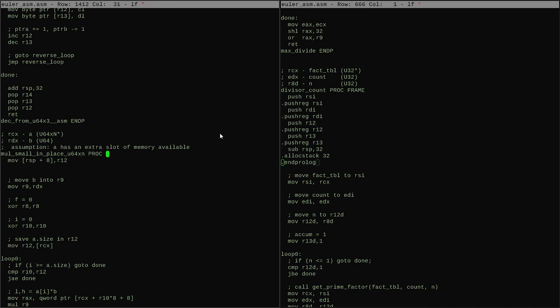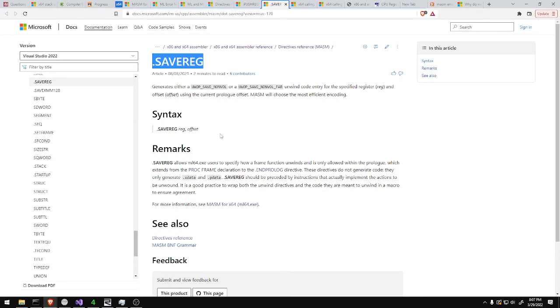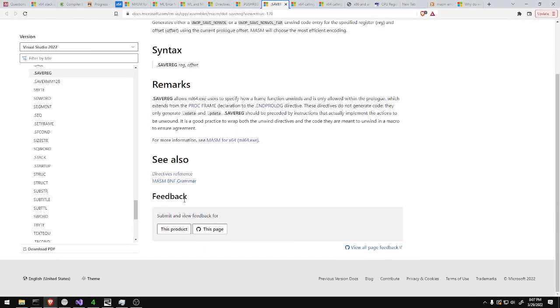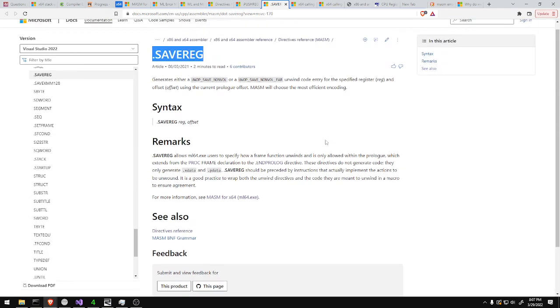So here we have a frame because we're doing save reg R12. What should offset be though? They don't give an example of how this gets used. Offset.